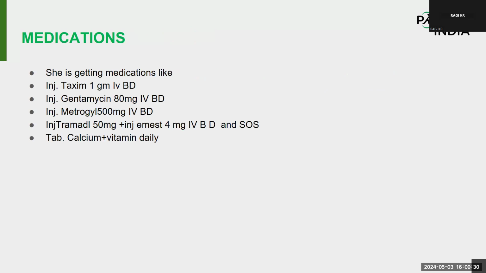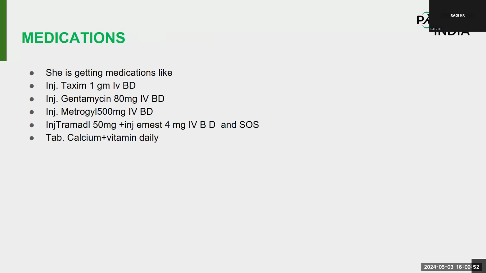Coming to the medication, we already know she has an abscess over the left ankle. So we started some antibiotics like taxine 1 gram IV 2 times a day, and gentamicin 80 mg IV BD, and also metrozole 500 mg IV BD.